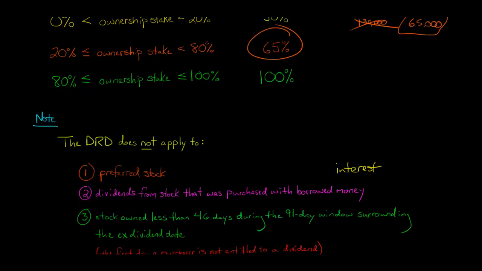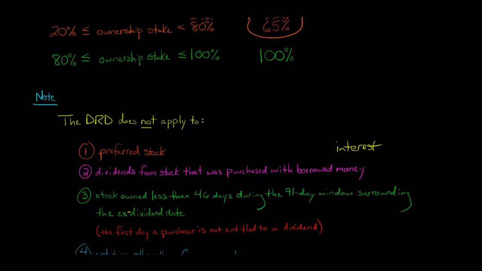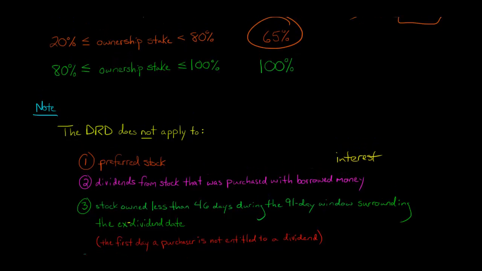Also, if stock was owned less than 46 days out of the 91-day window surrounding the ex-dividend date, then you would not be able to get the deduction. Let me lay this out, because it's kind of complicated. Let's say that a company's ex-dividend date is March 15th.